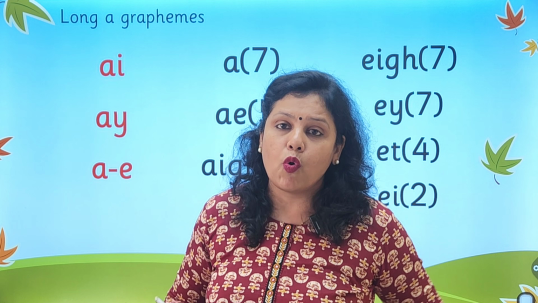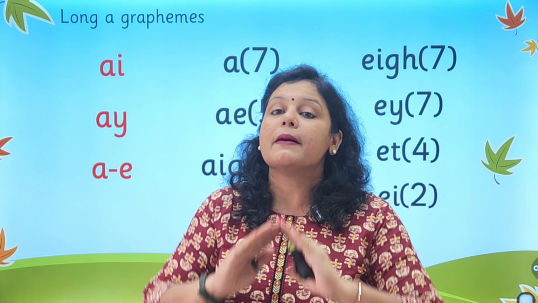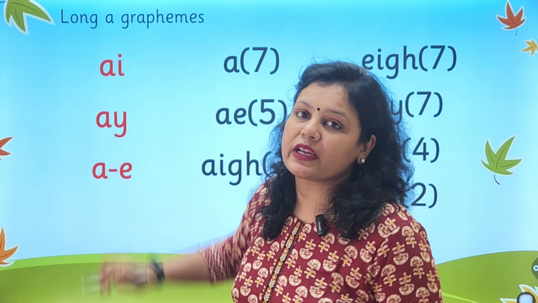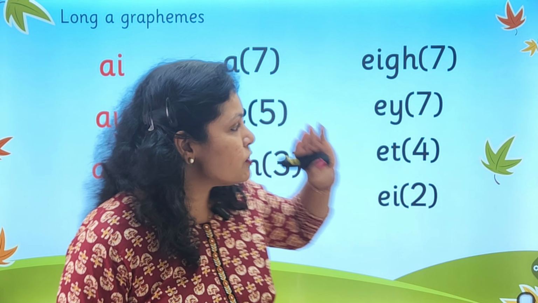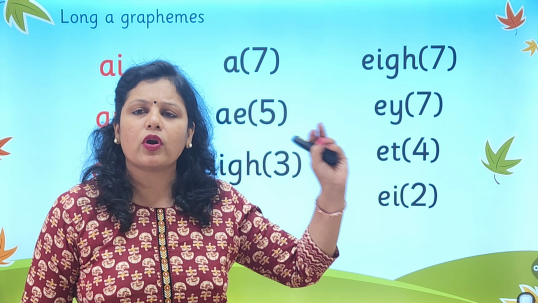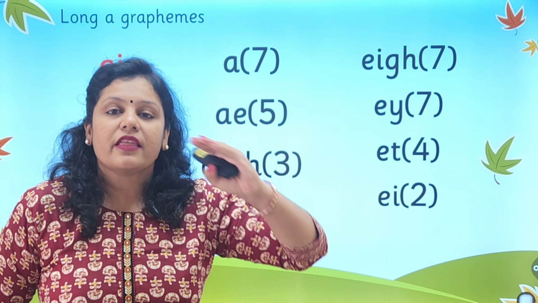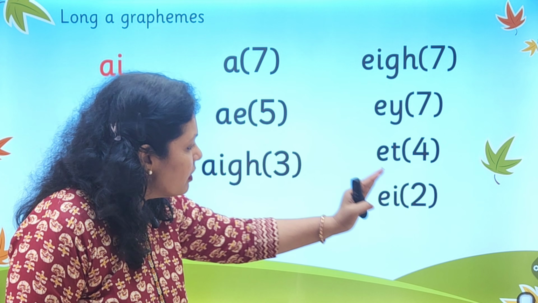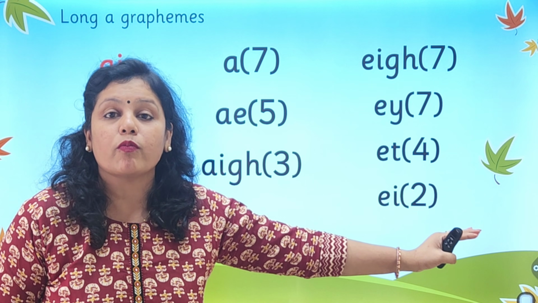First thing to be very clear in the mind is that whenever we form the rules, we have to consider only those graphemes which have got the maximum words. So these sort of graphemes fall into the category of rules, and the rest of all the graphemes which have got hardly 4, 5, 6, 7 words, they fall into the category of tricky words. So we need to learn all those words in the form of tricky words.